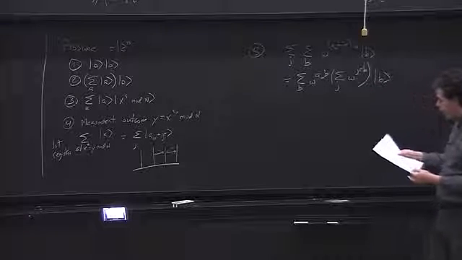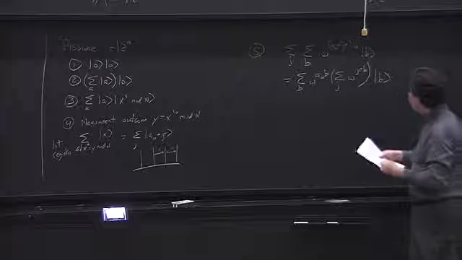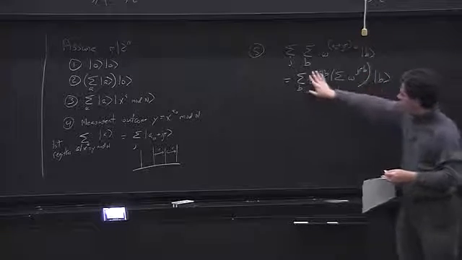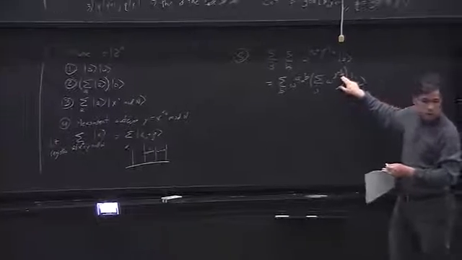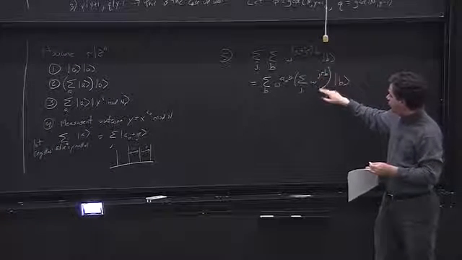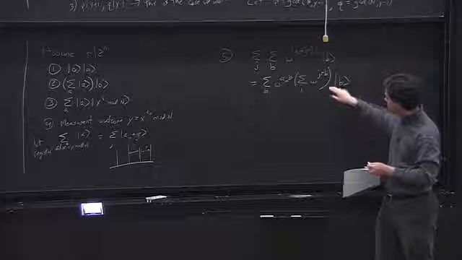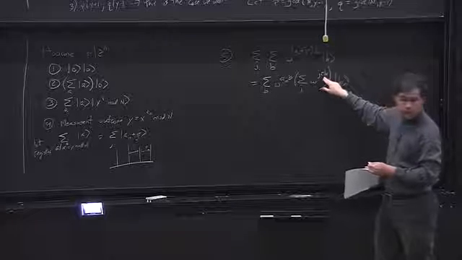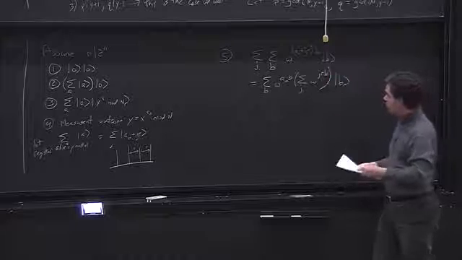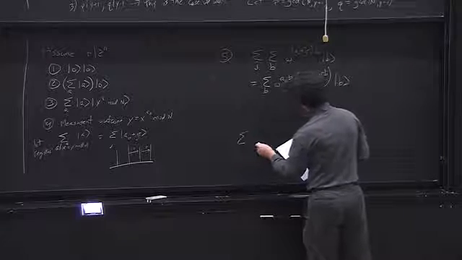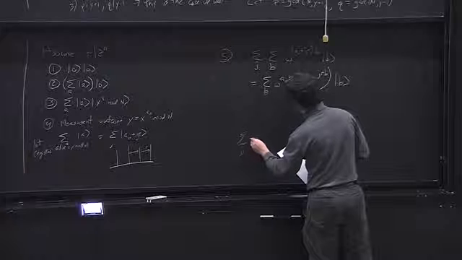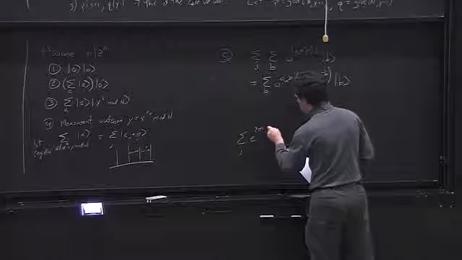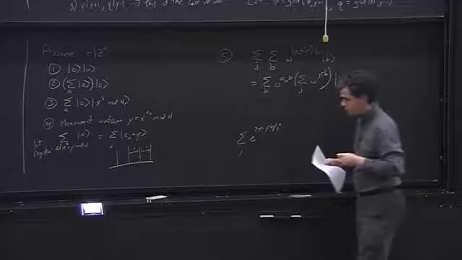Remember, omega is a 2 to the n-th root of unity. So what we're taking here is the sum over e to the 2 pi i jrb over 2 to the n.